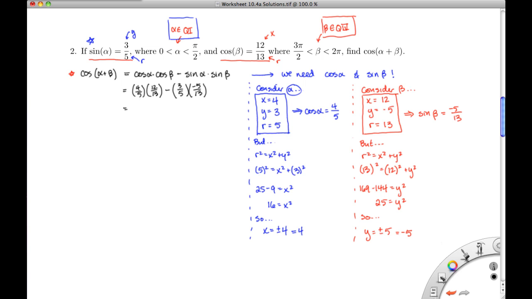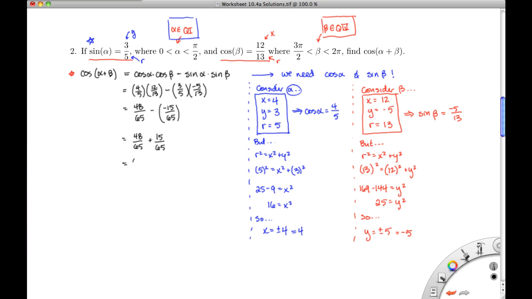All right, so then we go from here. So we multiply these together and we get 48 divided by, so we take 5 times 13, that's going to give us 65, minus negative 15 divided by 65, and we get 48/65 plus 15/65, which will give us a total of what?